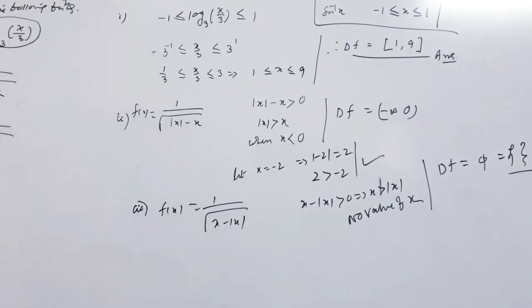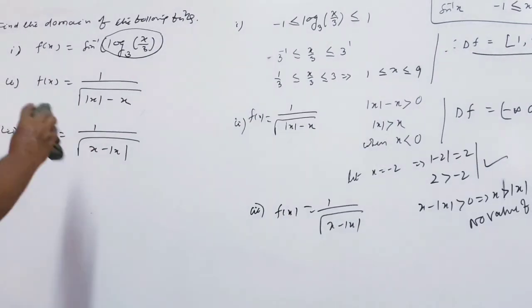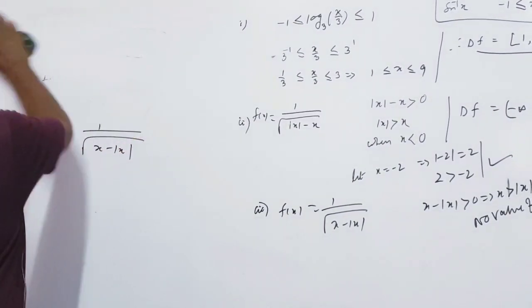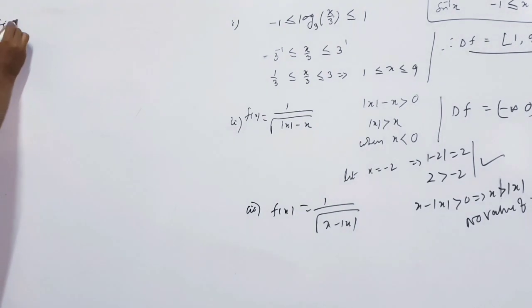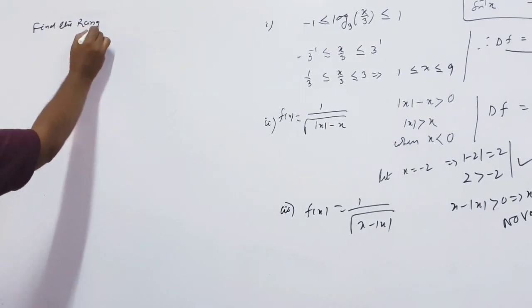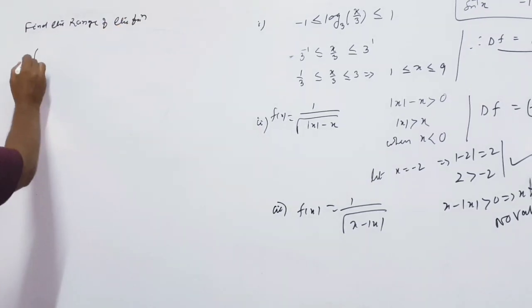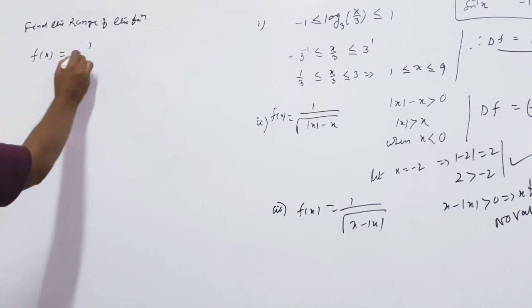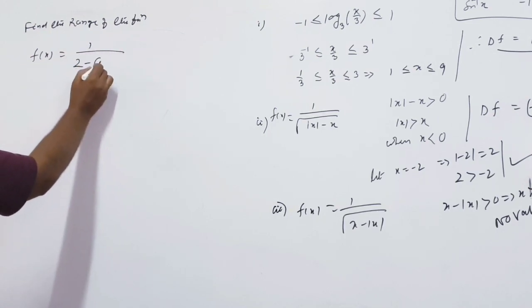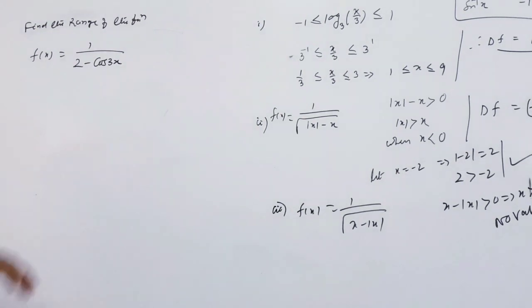Now another example. Find the domain and range of the function, find the range of the function f of x equals 1 by 2 minus cos 3x. So what is the range of the function?